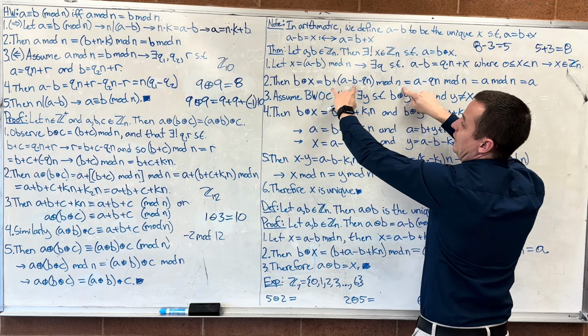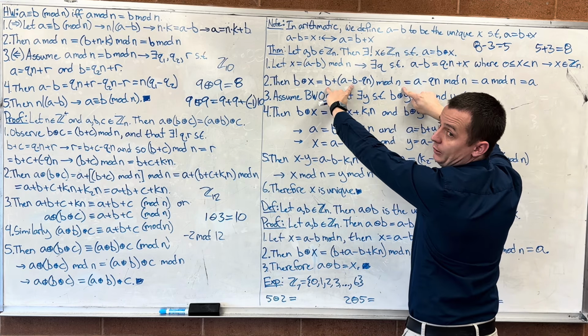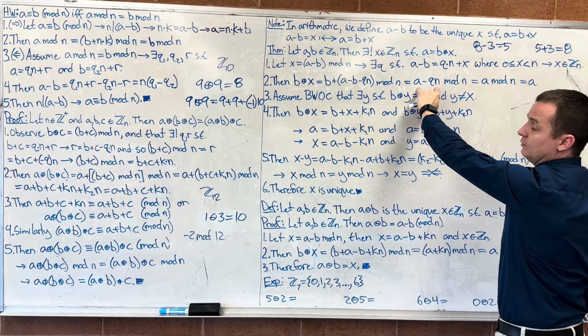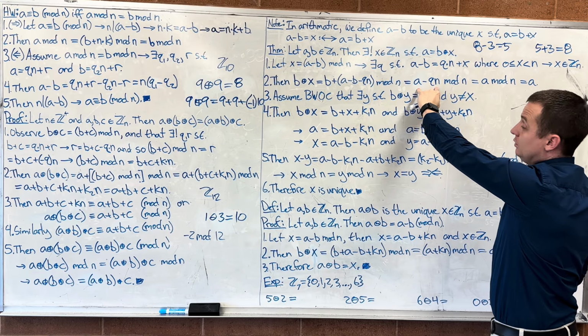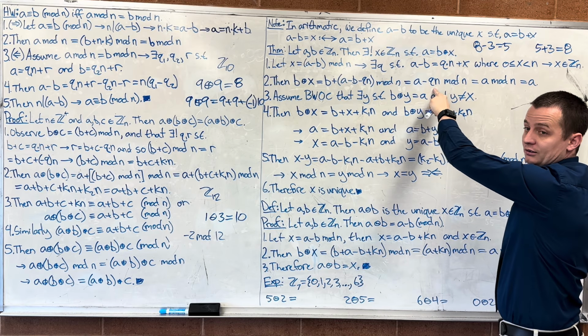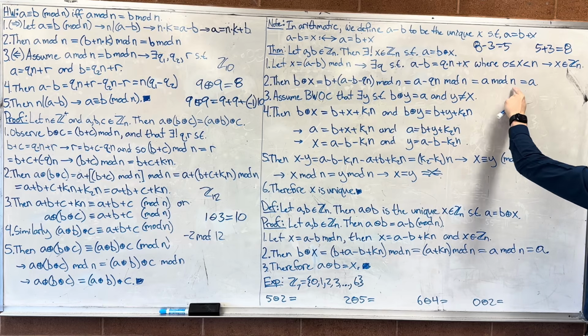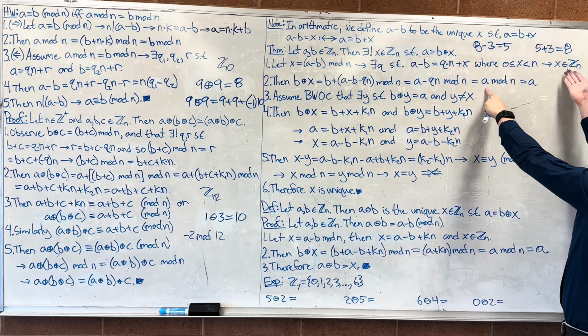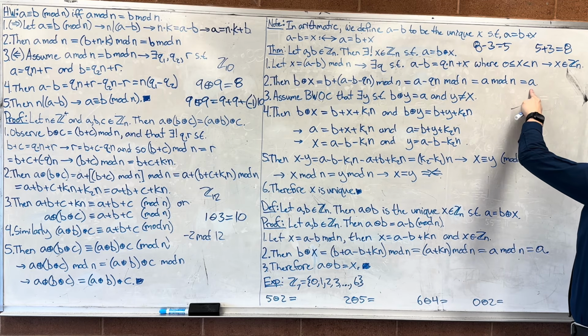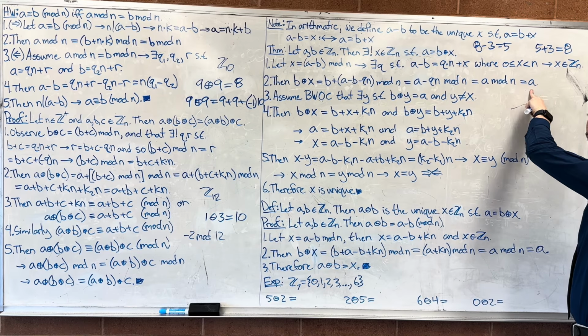Now we have a b and a negative b. Those go out. So I'm left with just a minus qn, mod n. When I take any integer multiple of n and I multiply n, I get 0. So I'm left with a mod n. But a is already in z sub n. So a mod n is just a. Follow that?